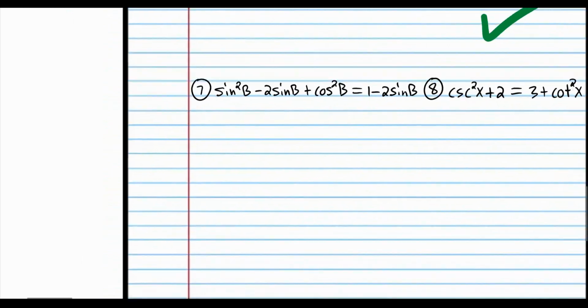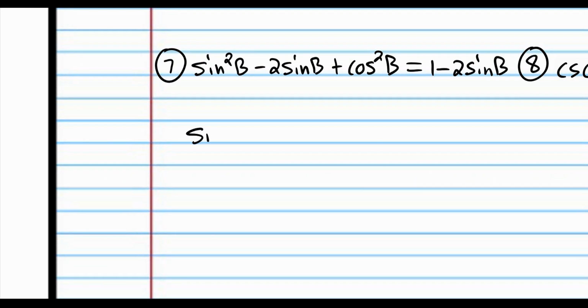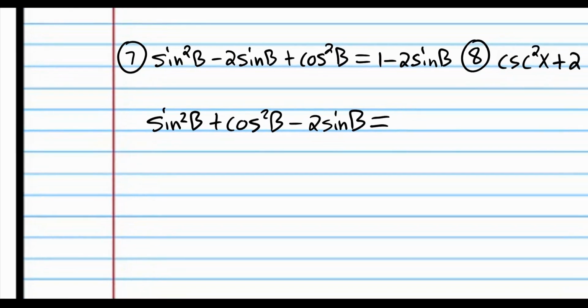Okay, we're back. So again, we want to group the sine squared beta and the cosine squared beta together. Whoops, those are not betas, those are b's. Sorry. B's and betas look similar, but they're not quite the same.